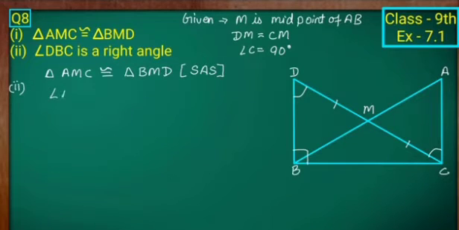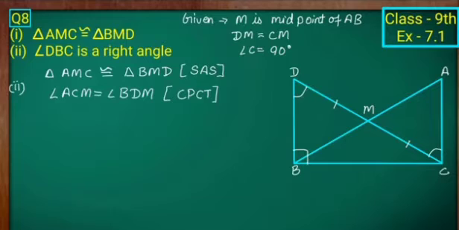So you can say that alternate angles are equal. So angle ACM equal to angle BDM because they are alternate interior angles. Just concentrate on the parallel lines DB and AC and the transversal DC.